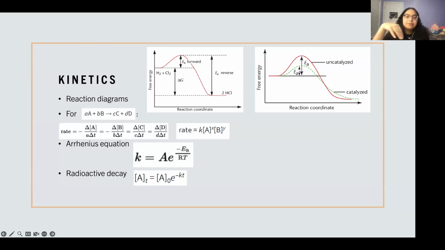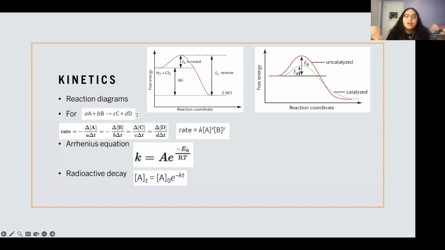For example, the change in the concentration of A over time, negative, and also divided by the coefficient of A. So if you have 2 of that, you divide by 2, and that will be equivalent to the negative change in B, and then the positive change in C, positive change in D over time. So you have to account for the coefficients.